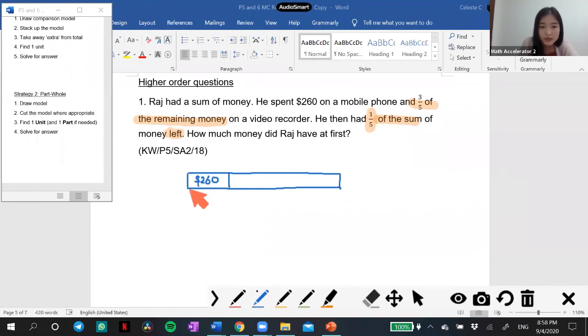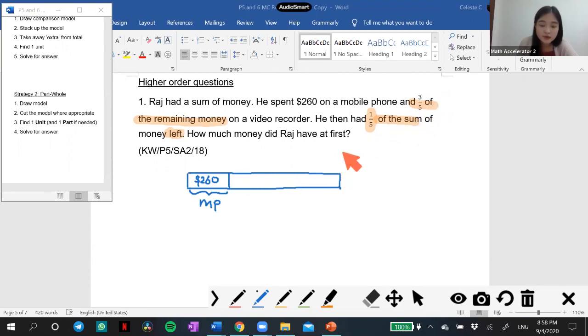He used this much. Okay, MP for mobile phone. And 3/5 of the remaining. After you cut this 260, what is the remaining? Whatever is left here.